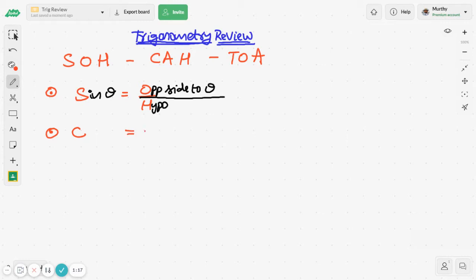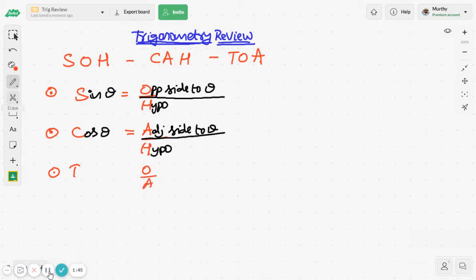Next, coming to the second one, CAH. C equals A over H. Here C stands for cosine, or cos theta, then it is the adjacent side to theta over the hypotenuse. And the third one is TOA.